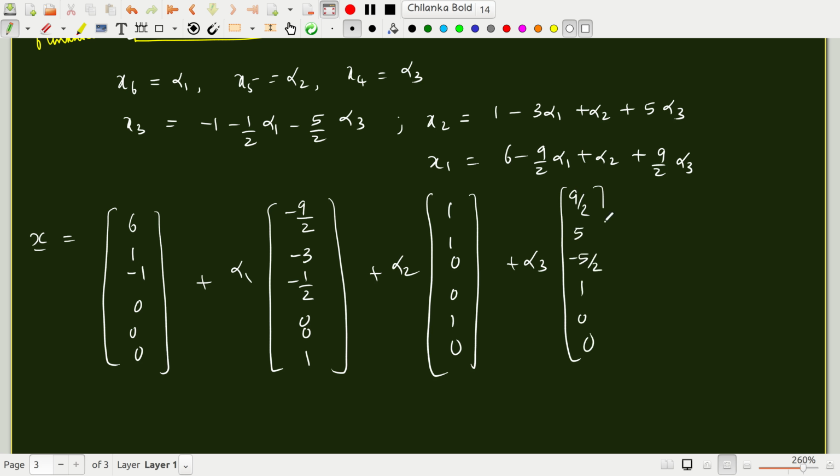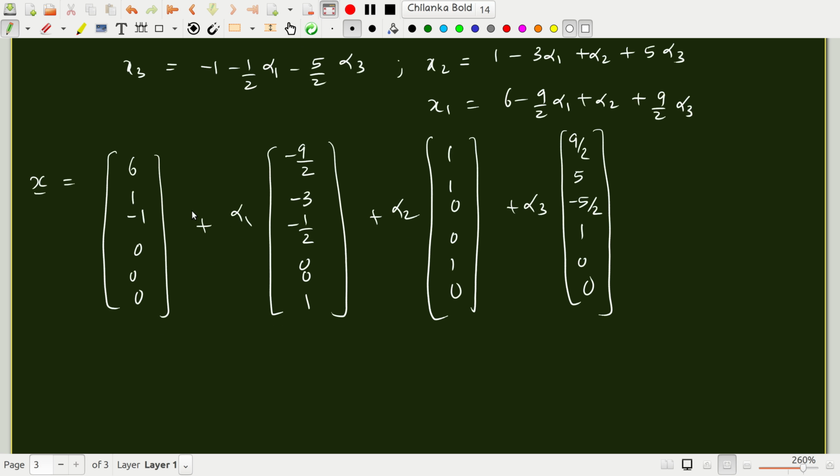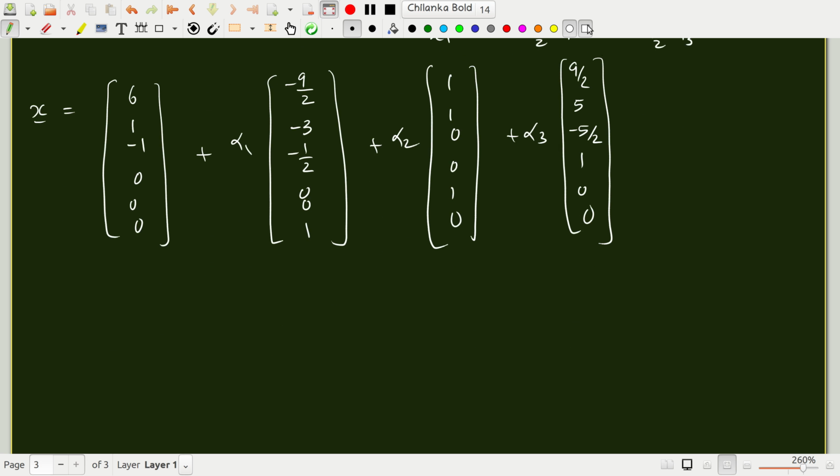I'm simply writing these solutions in vector form. Now, this is obviously a 3-parameter family of solutions.